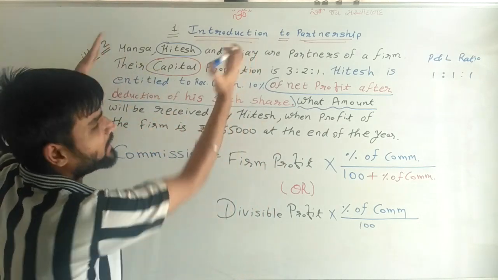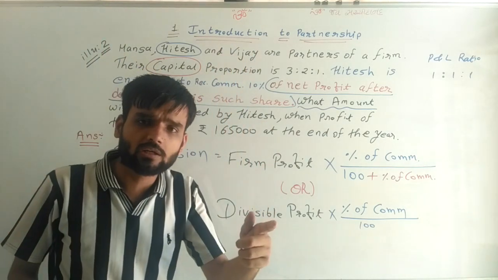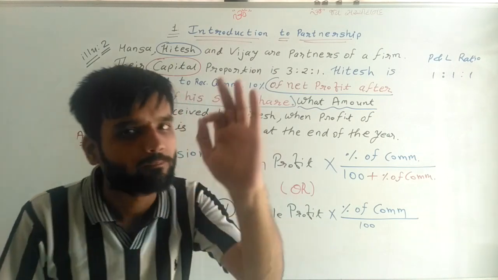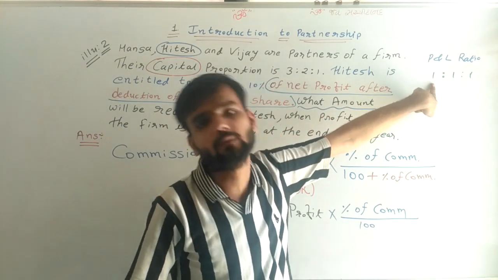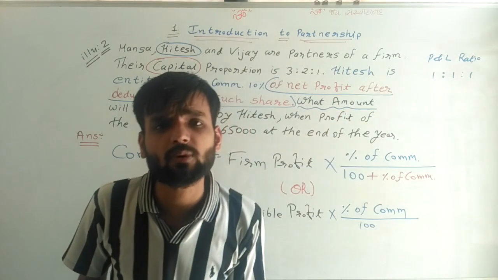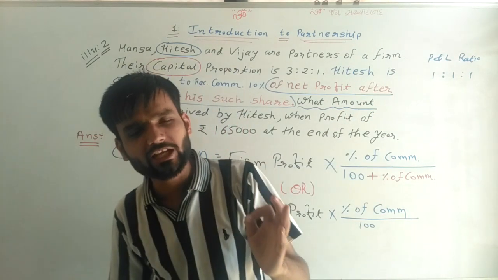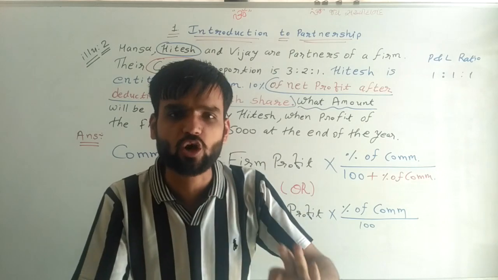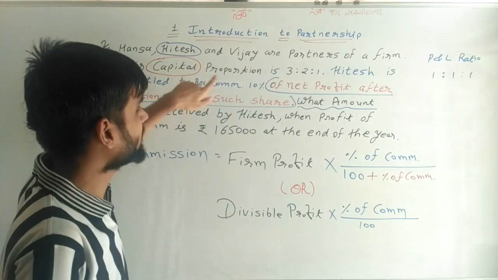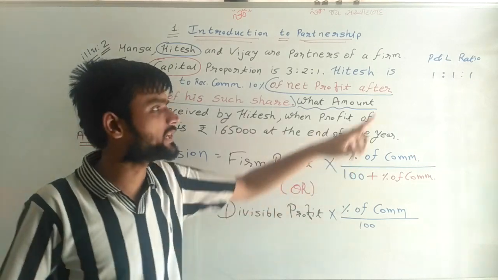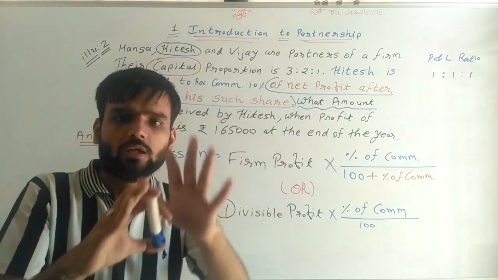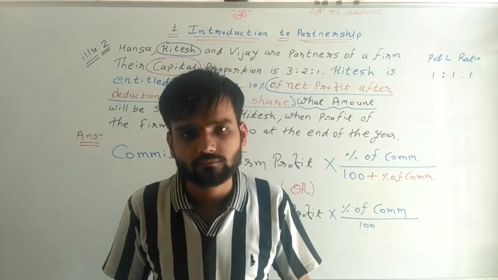What about other partners? Other partners receive only the profit portion, and the profit and loss ratio is equal proportion. Why equal proportion? Only because the information is not given. Information is given about the capital proportion, not the profit and loss proportion. That's why we take the profit and loss ratio as an equal ratio.